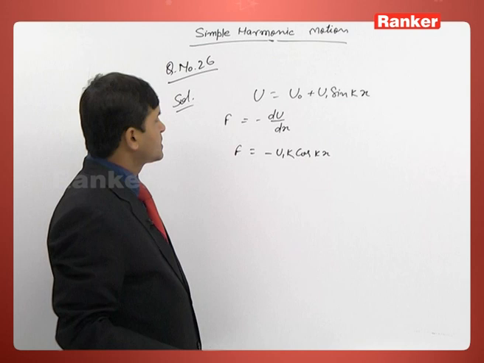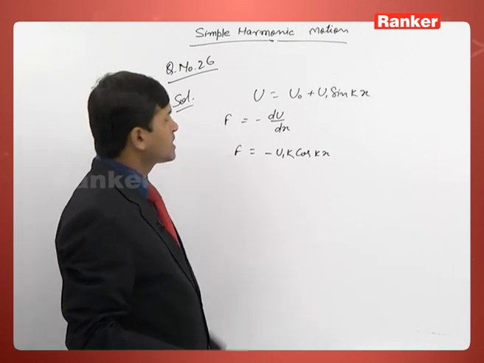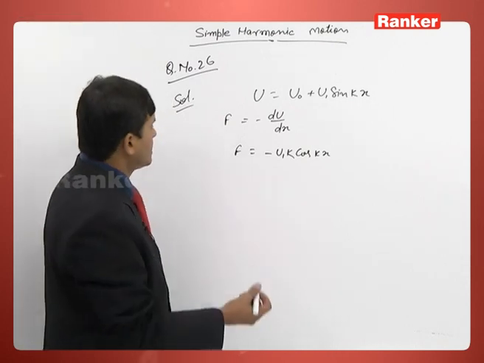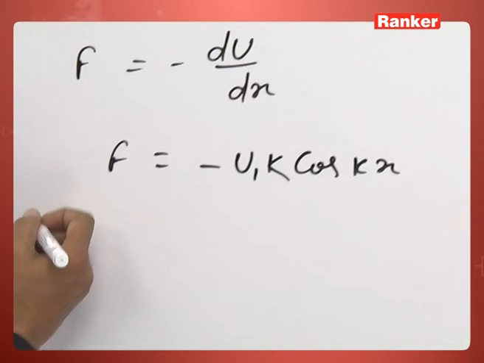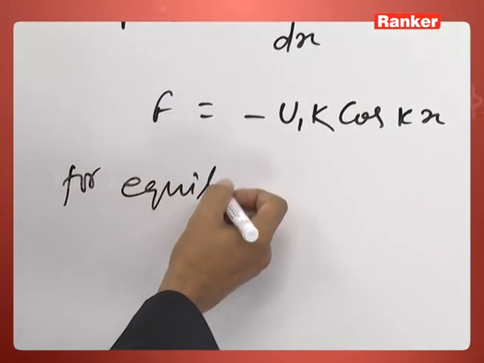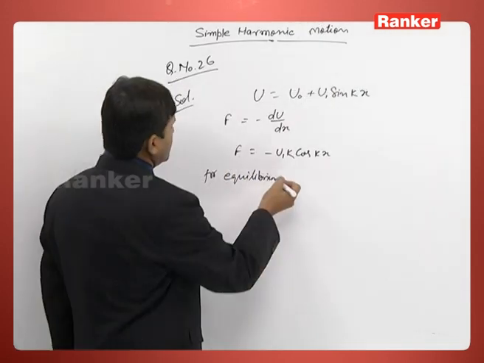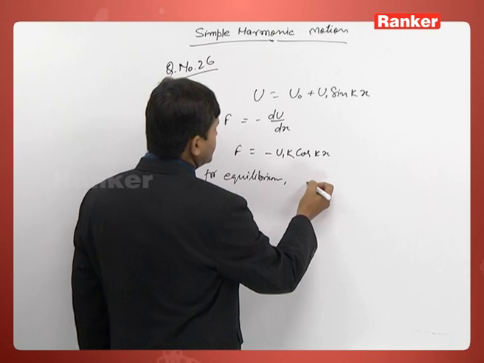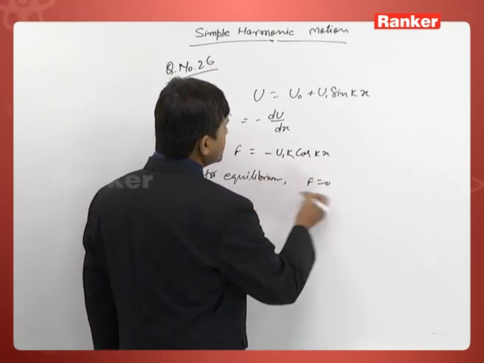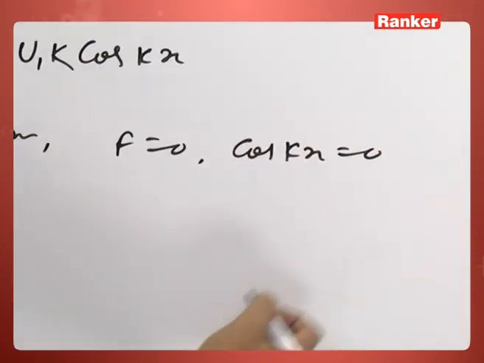Now, if we look at the equilibrium position, for equilibrium F is equal to 0. F equal to 0 means cos kx will be 0.